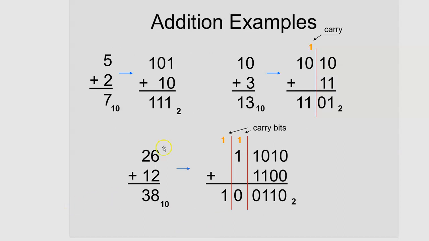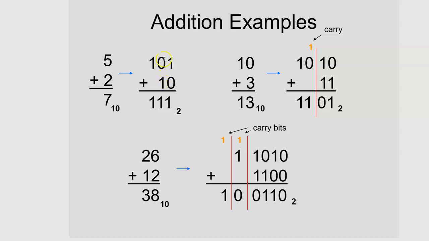Alright, so here on the left I have the base 10 representation of what I have over here in base 2. So if I think about the rules from that last slide, I have a 1 and a 0. Well, a 1 and a 0 is a 1. I have a 0 and a 1.